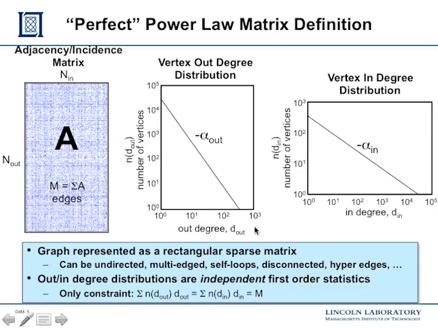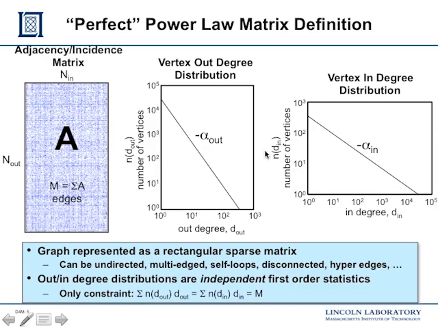You have an out degree for each vertex, and this would show how many vertices have that out degree. Our power law says that these points should fall on a slope with a negative power law coefficient of alpha out. So that's the one definition there. And then we likewise have another for the other degree. The in degrees have their own power law.